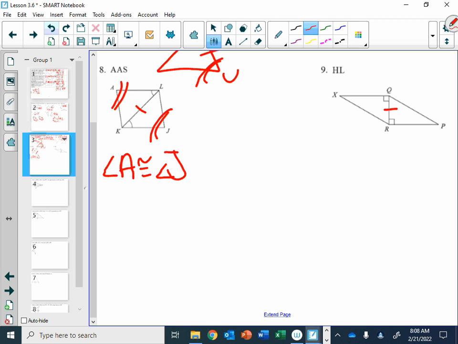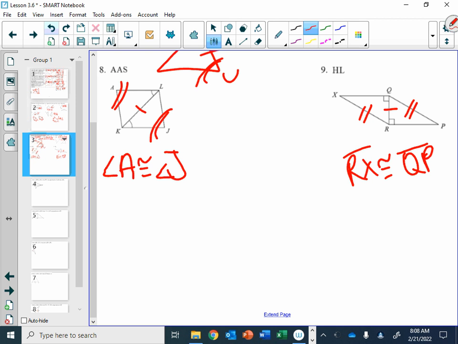Remember, hypotenuse is across from the right angle. That's one hypotenuse, RX, and QP. There you go. RX and QP. So for hypotenuse leg, it's got to be your hypotenuse, because this leg is the same leg for both triangles, so they're congruent to each other.